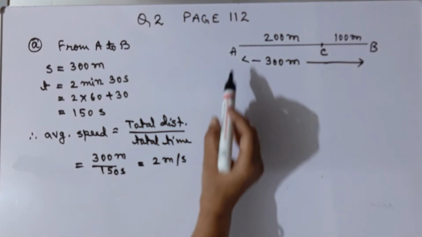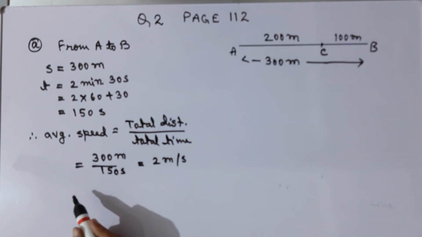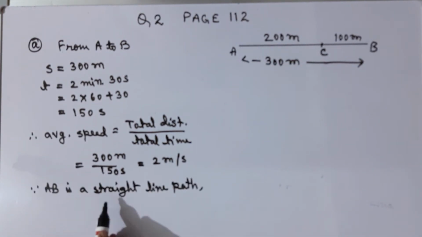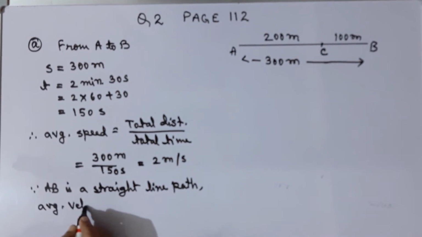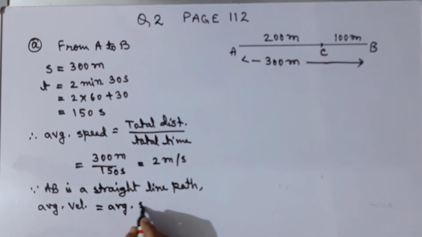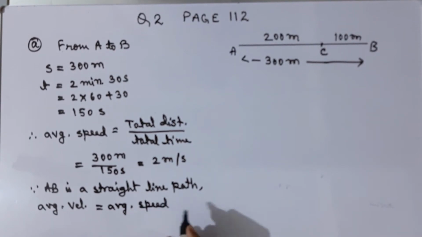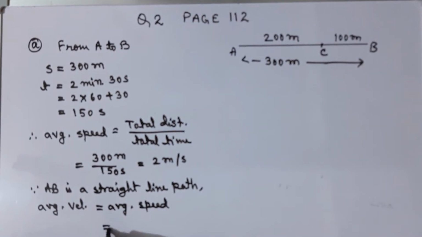Now since AB is a straight line path, the average velocity will be same as the average speed. Therefore, this will be 2 meter per second. So this is the answer. Average velocity and the average speed both are the same, 2 meter per second.